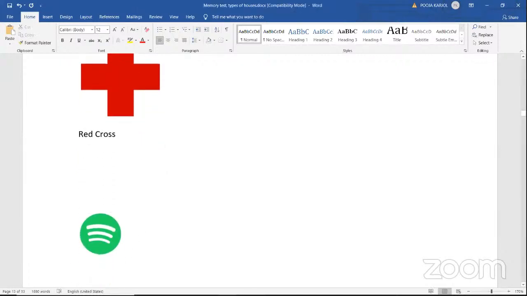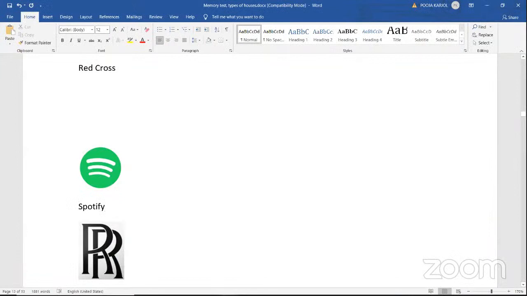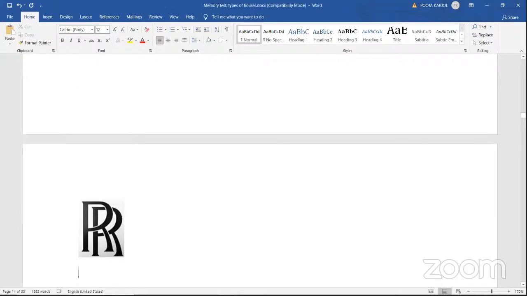What about this? 45 Music. Music app. Correct. What is it? Online music platform. Rolls Royce. Car company.